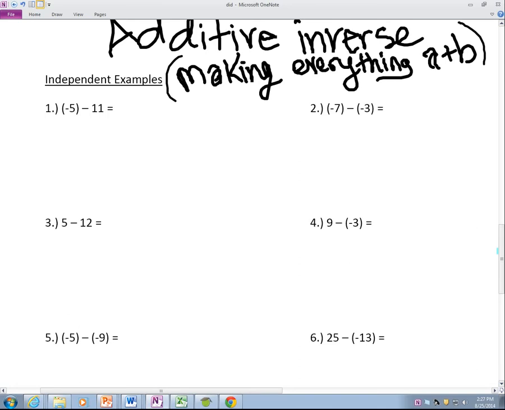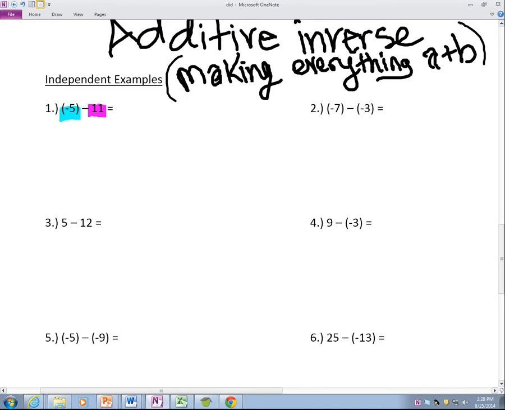So, in order to make everything A plus B, this is going to be our A. This is going to be our B, but we have to make it A plus B. And as the rules for subtracting went, we need to change the sign of B if we are changing the sign of the subtraction.